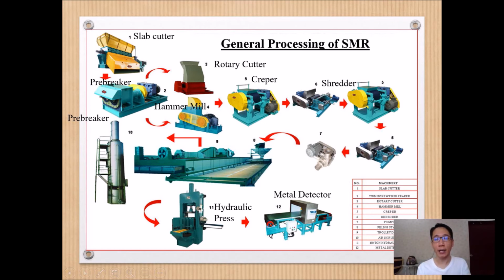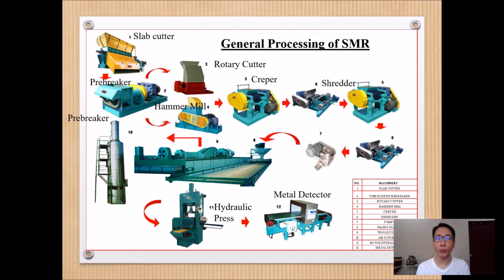The drying station takes approximately 4 hours, but eventually the current industry uses more efficient drying, and more likely they dry your rubber crumbs in only around 1 to 1.5 hours. Then you go through this one, which is your air scrubber. It removes the fumes that are produced during the drying process.